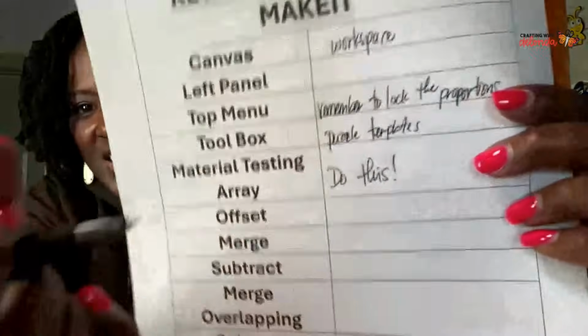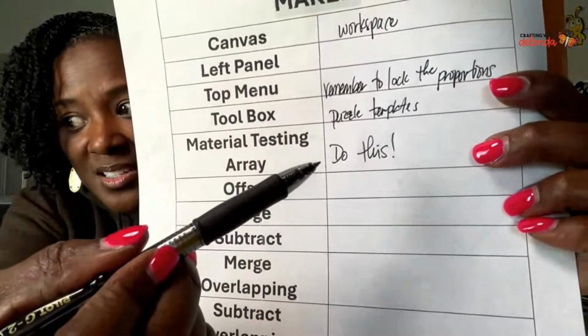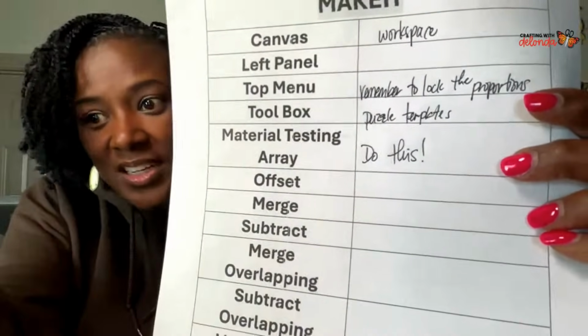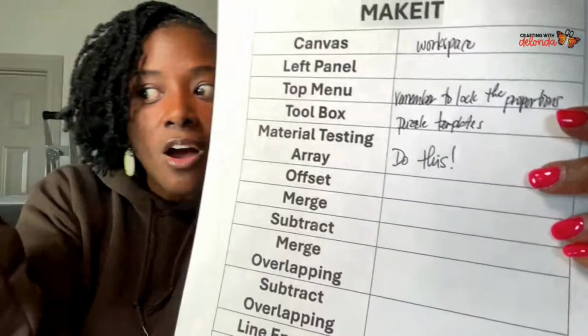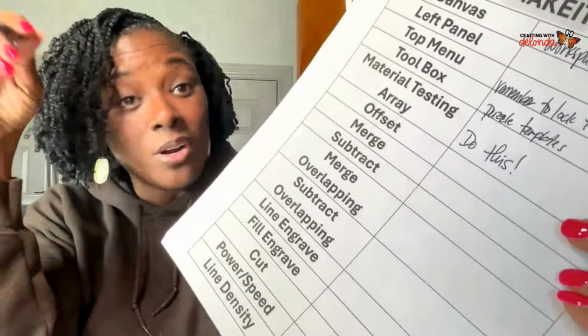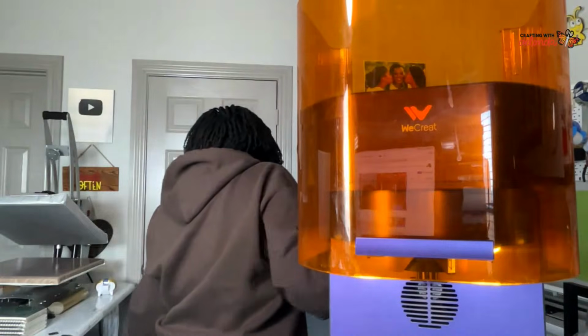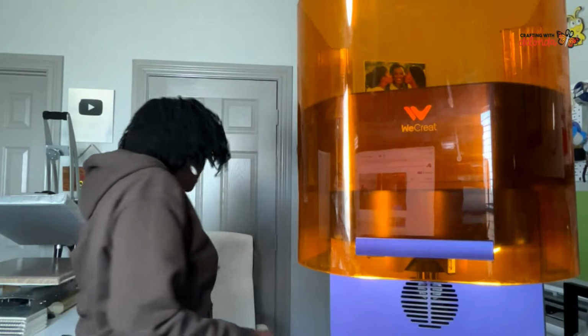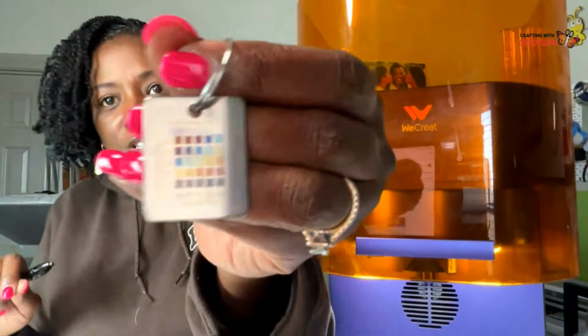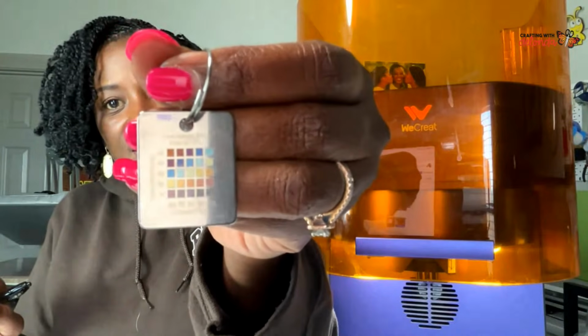Okay. All right. So material test array, that's what this is. I do a test array on pretty much everything. Like on a lot of my tumblers, you'll see a test array. On keychains, because like I said, we made those keychains for the nurses. So we did the color test array, right?